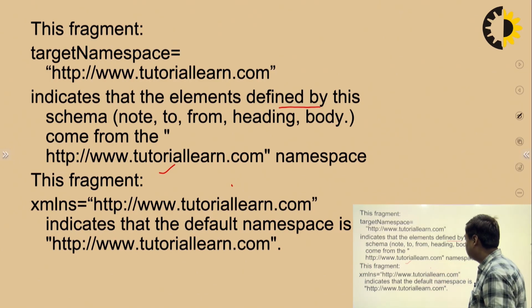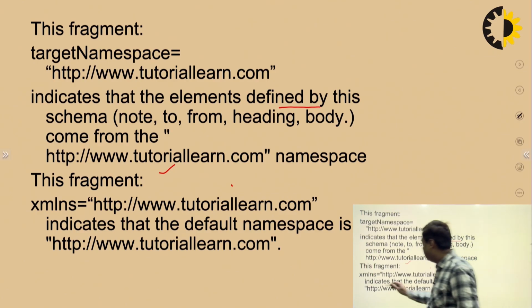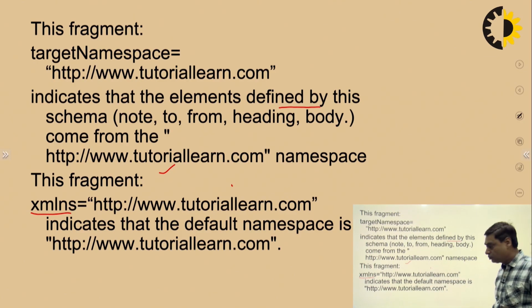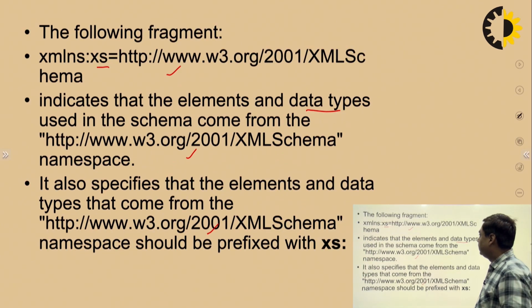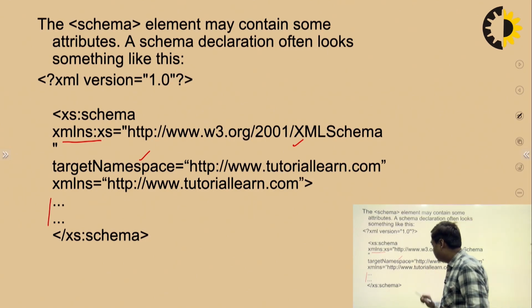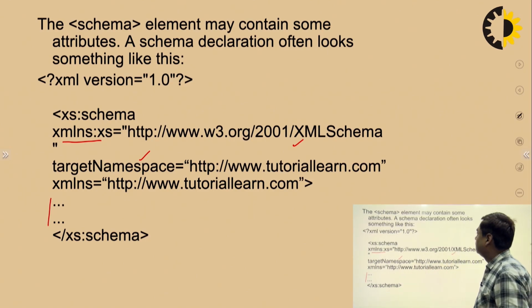It is just an example. Then if you do not specify the prefix, this is the default namespace. So here you can define the namespace, the target namespace as well as the default namespace. You can define all three: namespace, target namespace and default namespace.